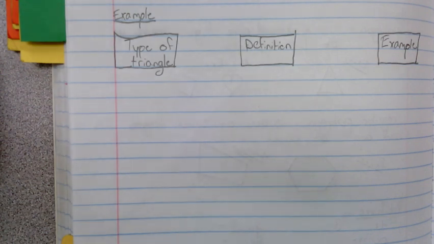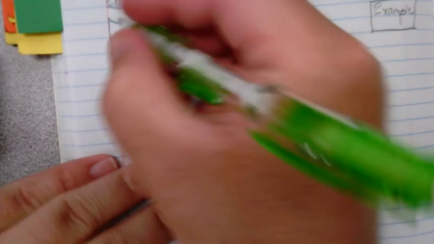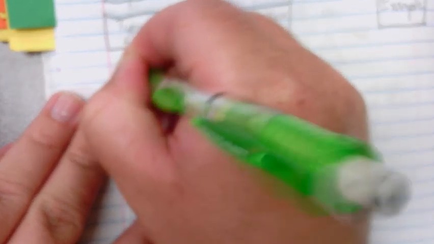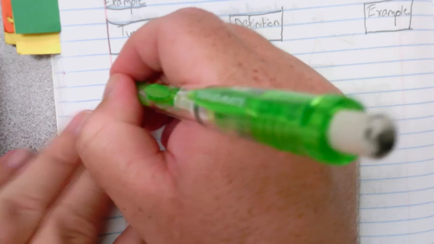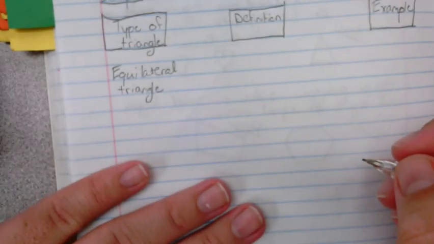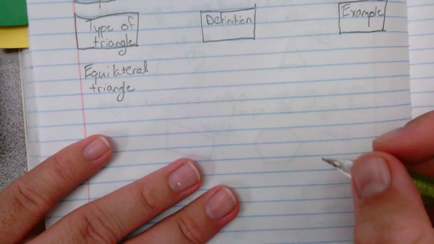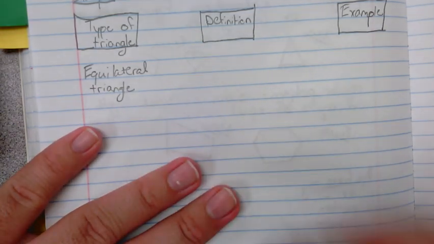Now my first triangle is going to be an equilateral triangle. My definition: all sides are equal. Hence, all sides are the same length, are equal. Hence, equilateral triangle.